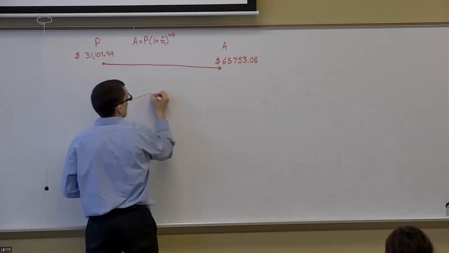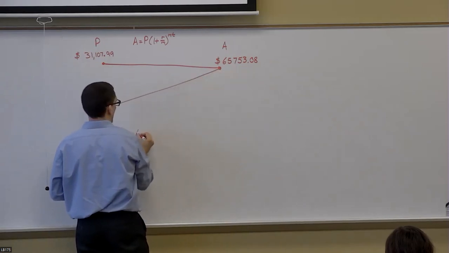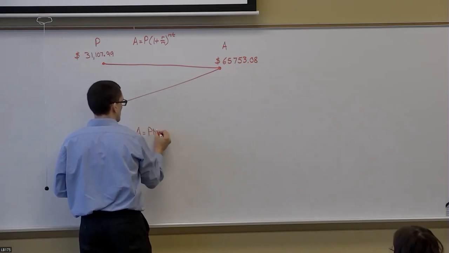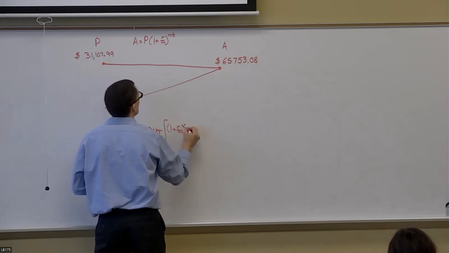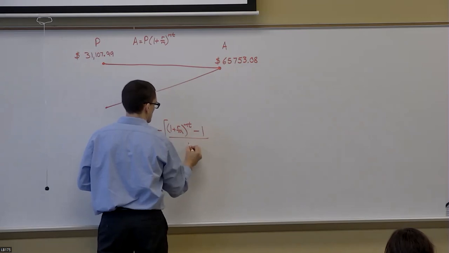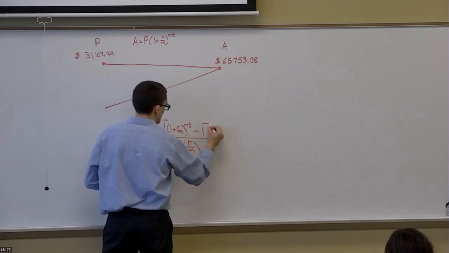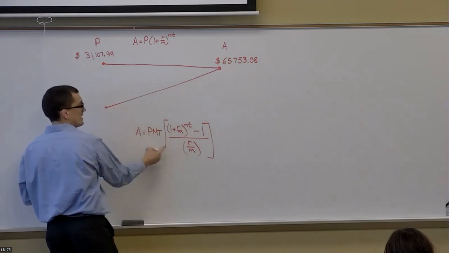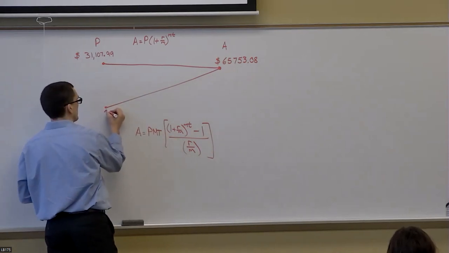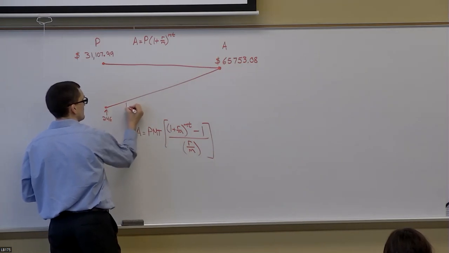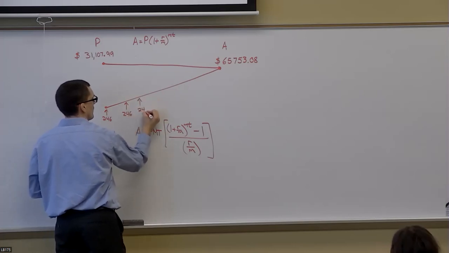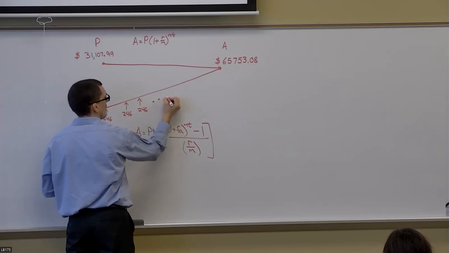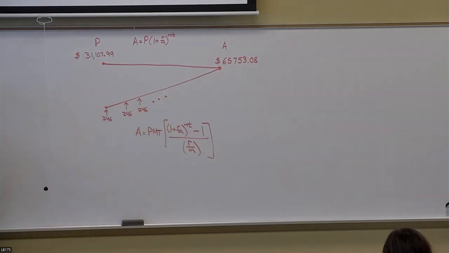But that's also the same as if in the annuity, we just kept putting in $246 each month. Everybody get that?